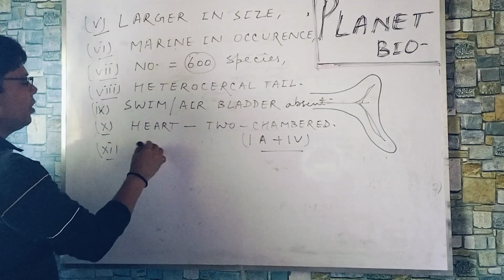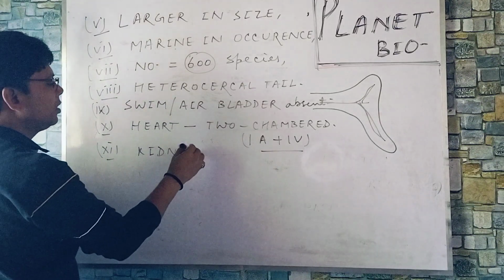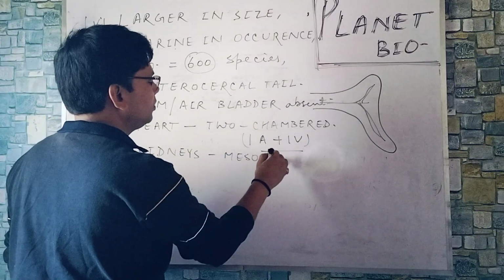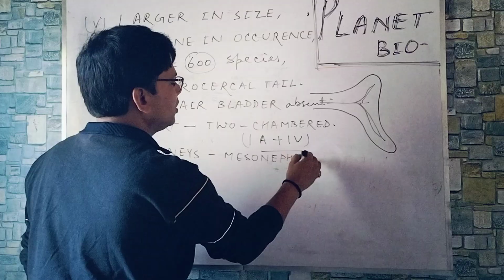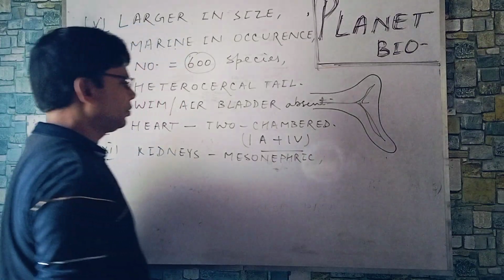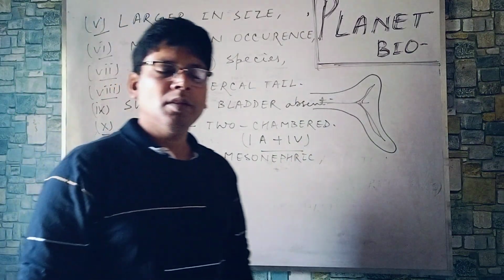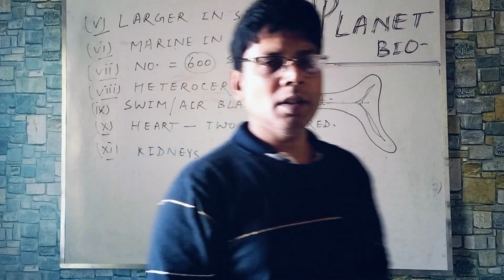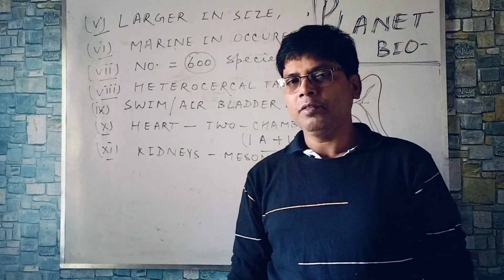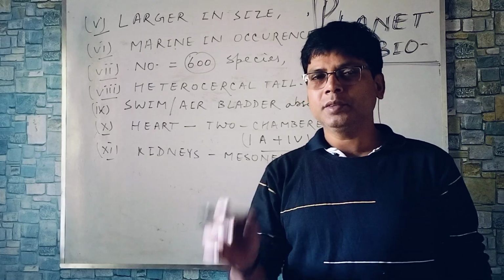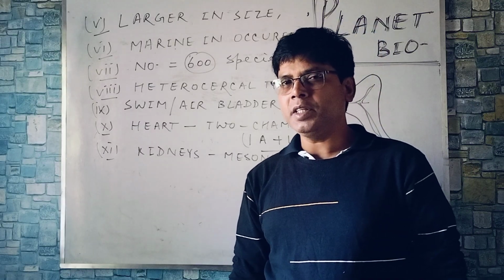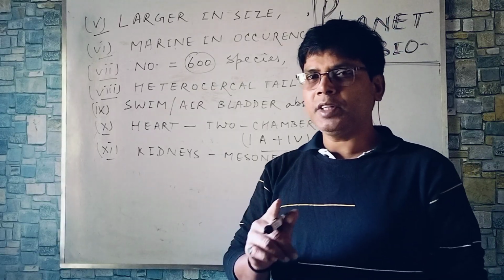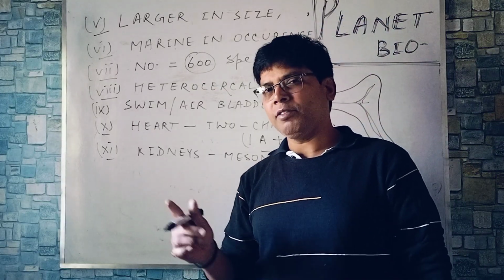Now, what about kidneys? Kidneys are mesonephric. So far as evolution of kidneys is concerned, Francis Balfour grouped these kidneys on the basis of evolution: archinephric, pronephric, mesonephric, metanephric.